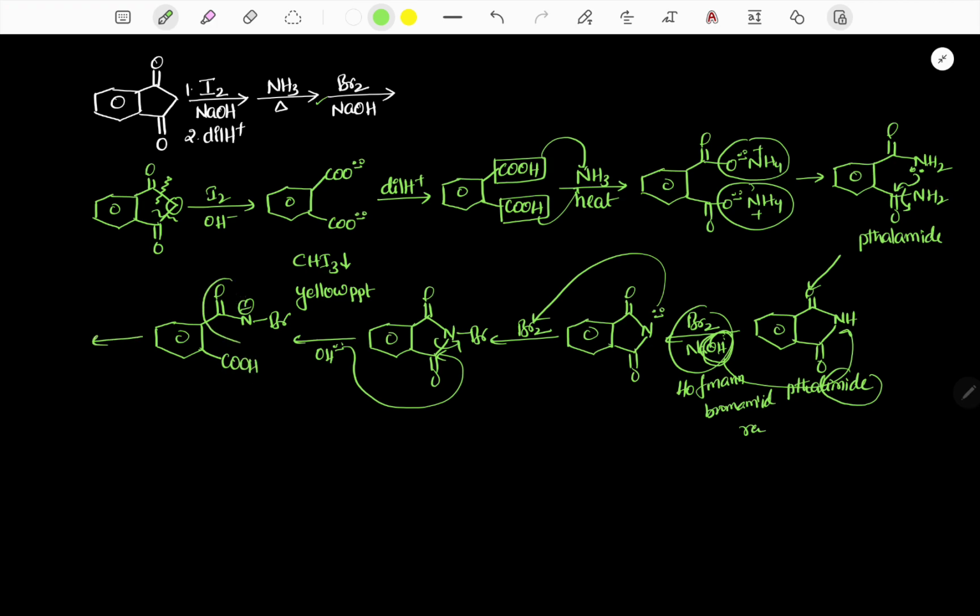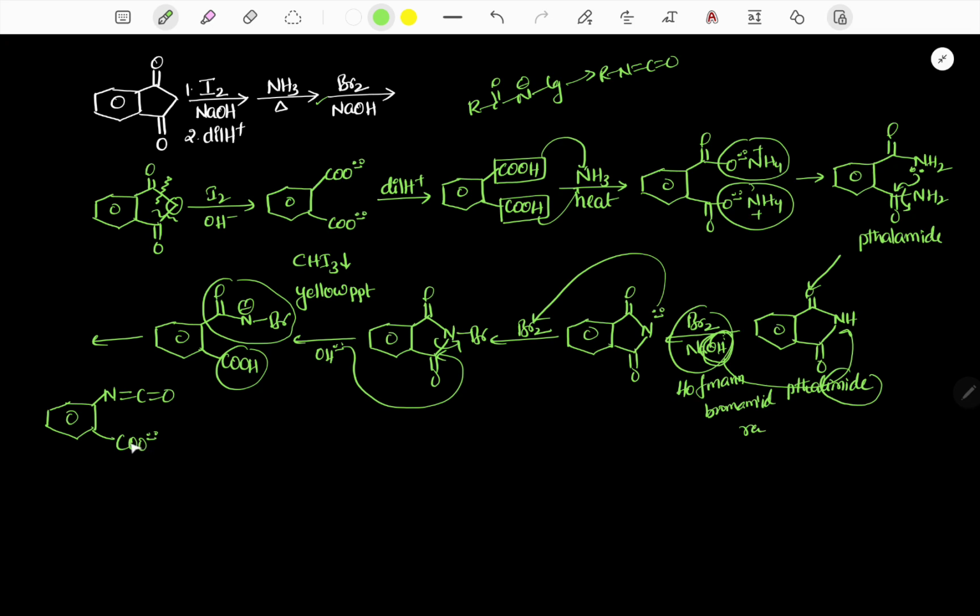Now this CON minus Br will be converted into NCO, isocyanate. Since we are conducting the reaction in basic medium, you can write COO minus. So RCON minus Br, with the leaving group, always converts into RNCO.